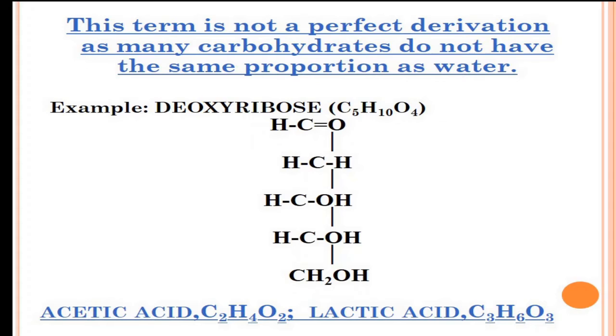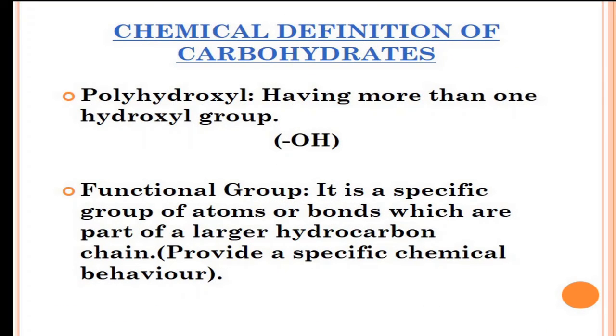However, in reality, they are not the carbohydrates. So this definition defining carbohydrates as the hydrates of the carbon is not a correct definition. There is a need, therefore, to develop a perfect definition for the carbohydrates.